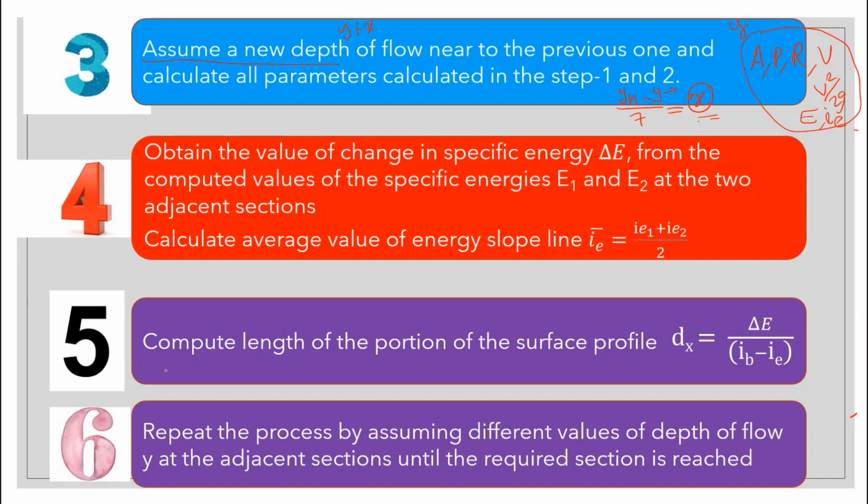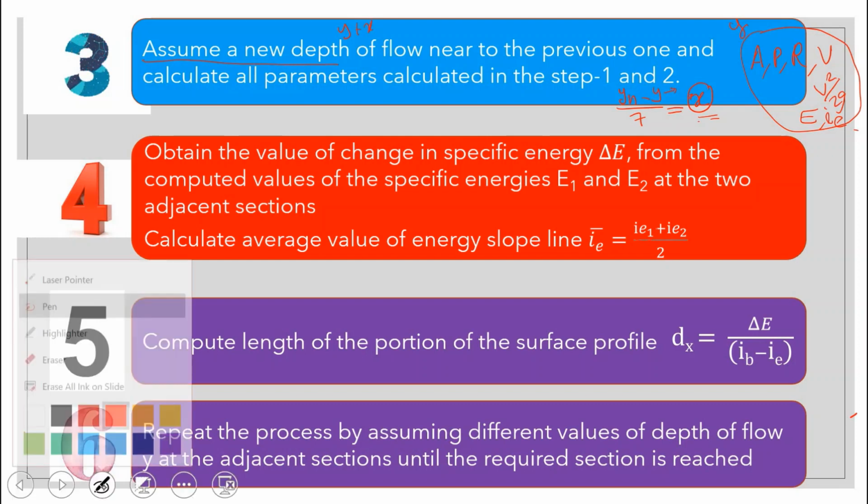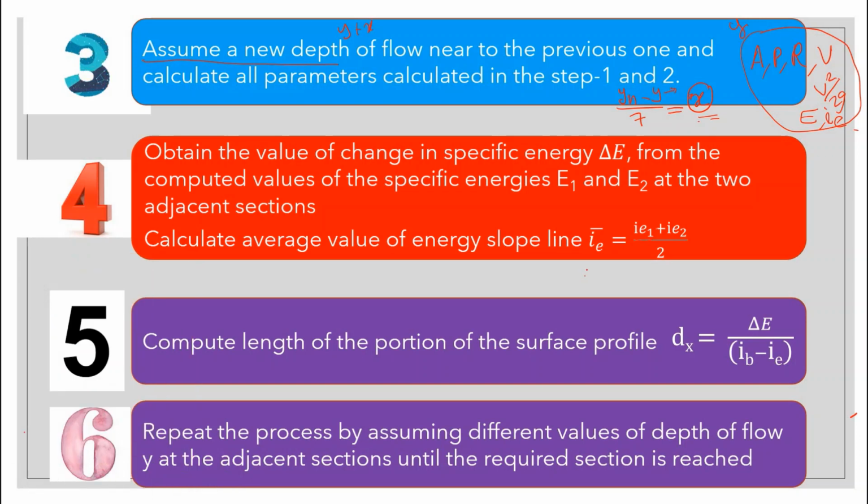After finding this, we have to calculate. So IE dash is obtained. We have to calculate IB minus IE dash. IB will be given to you, and IE dash is computed. From this, we can directly calculate the length of each section.